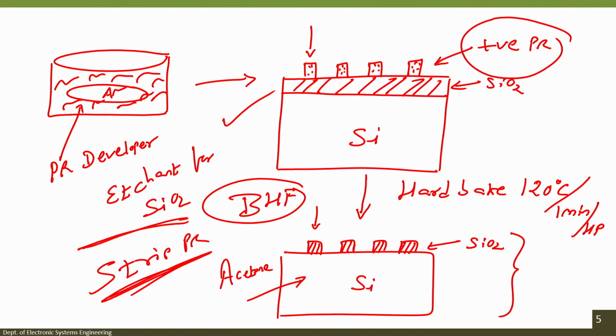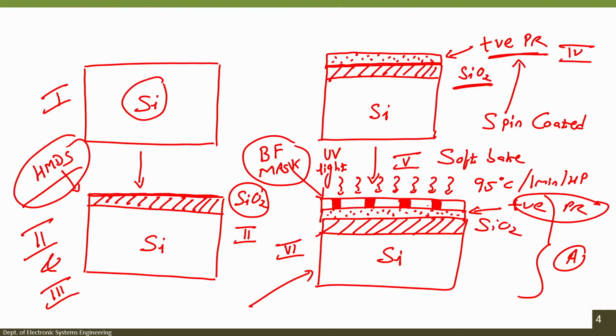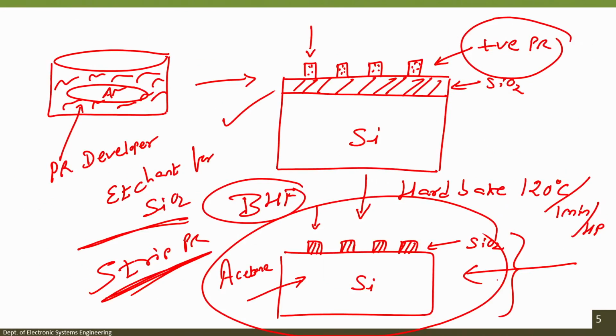If you dip the wafer in BHF, then the area which is protected by the photoresist will be stronger, the area which is not protected by photoresist will be weaker, and finally you dip the wafer in acetone, which is a stripper for photoresist. You will have the pattern shown here. Alright. So, from a wafer which looks like this to the wafer which looks like this, we can pattern different kinds of materials using the photolithography technique.